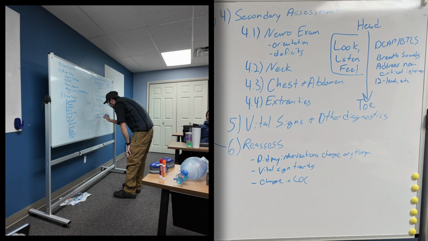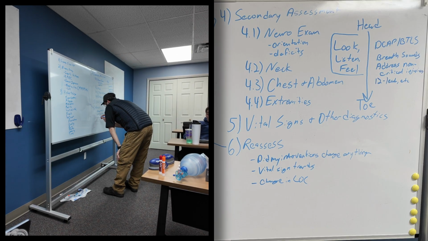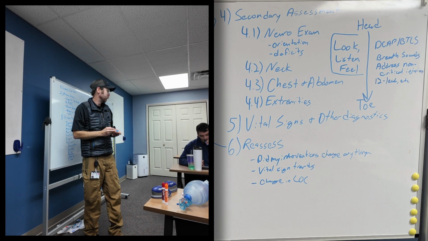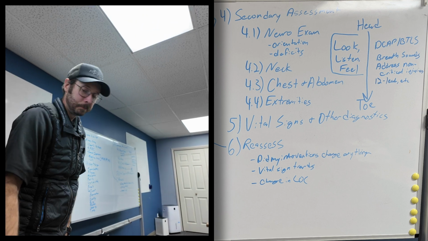Anything on the patient changing or declining? Vital sign trends? Change in LOC, change in work of breathing, any of that kind of stuff. Those are the key things that we're looking for.